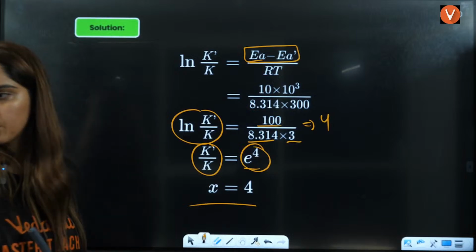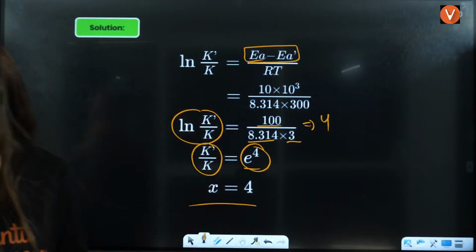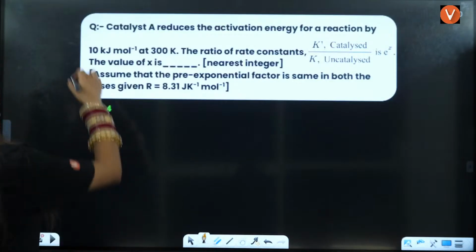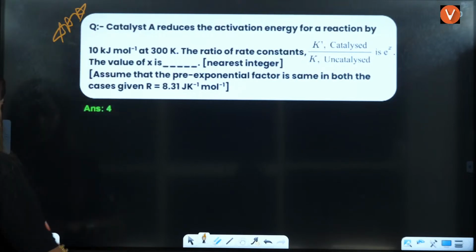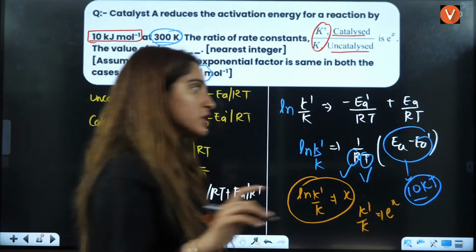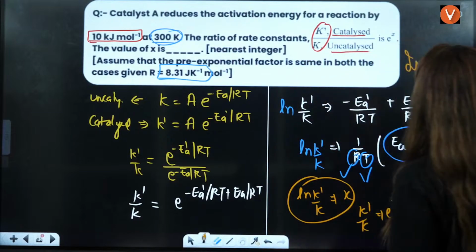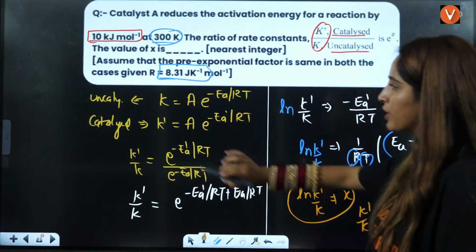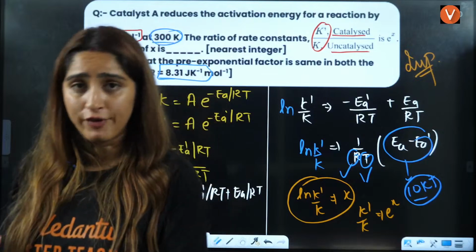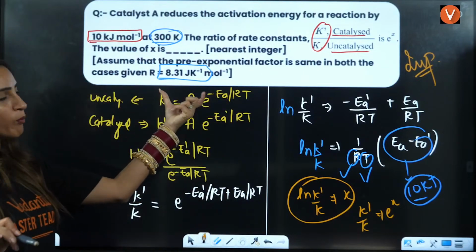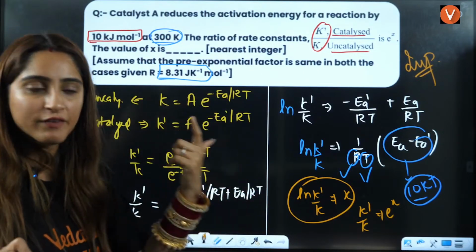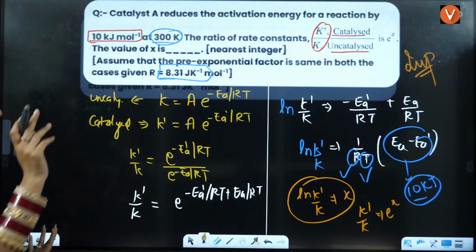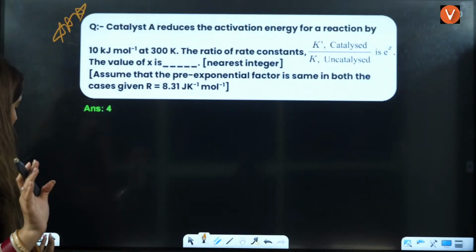So the answer is x equal to 4, which is again a very important question. This, beta, you must do, because this is a different question, and they are frequently asking this formula. Even in attempt 1 they have asked a question based on this formula.